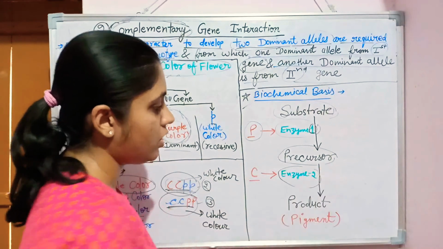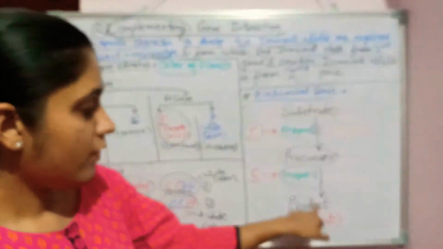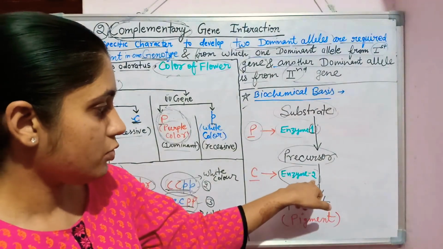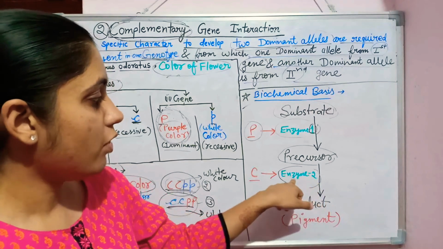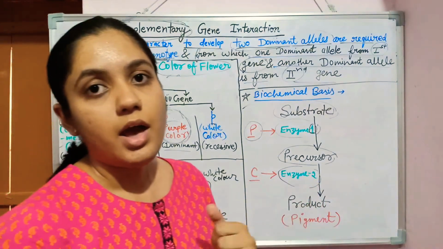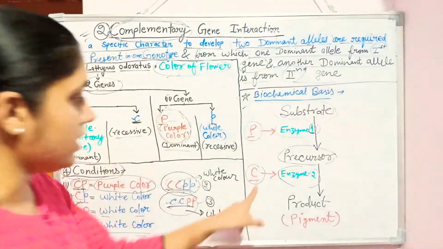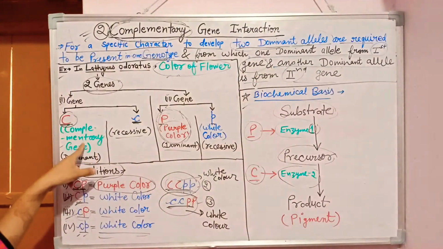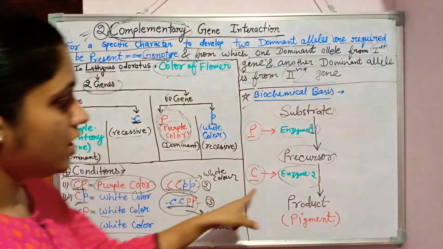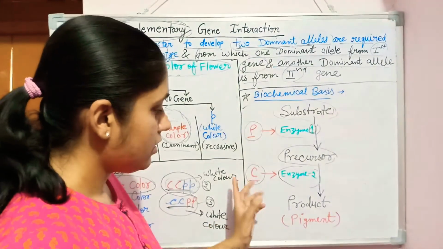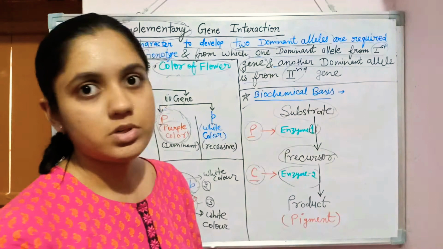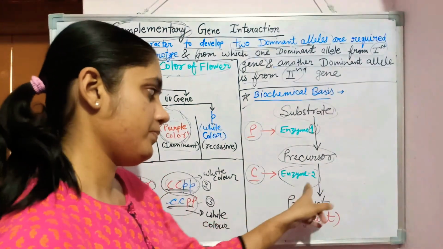This precursor forms the product only in the presence of enzyme 2, and enzyme 2 formation only happens when this capital C gene, which is a complementary gene, another gene, in the dominant state does the transcription and translation and forms this enzyme.